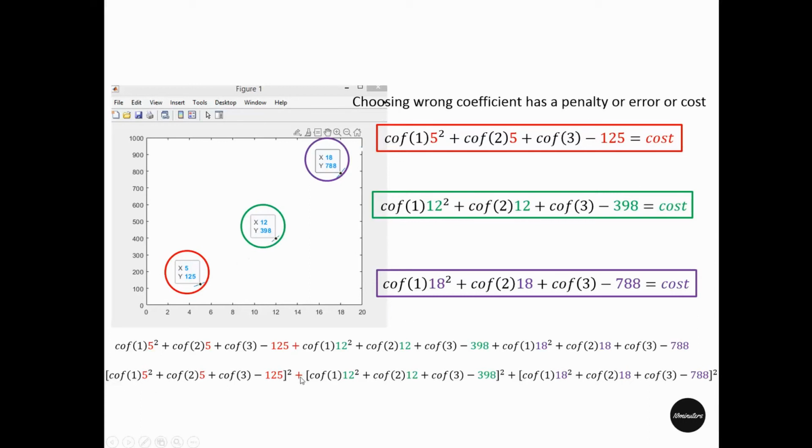So we square each cost: this cost squared plus the second cost squared plus the third cost squared. This quantity is our cost, and once we know how to set up our cost, it is just 1 or 2 lines that we optimize and get the value of those coefficients very accurately.